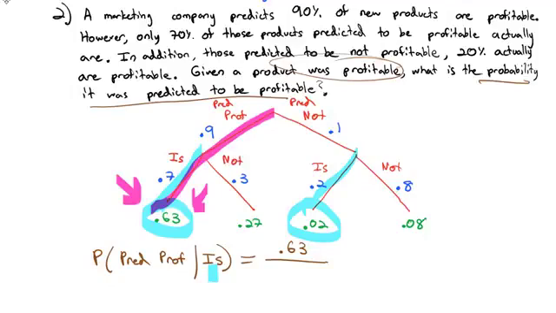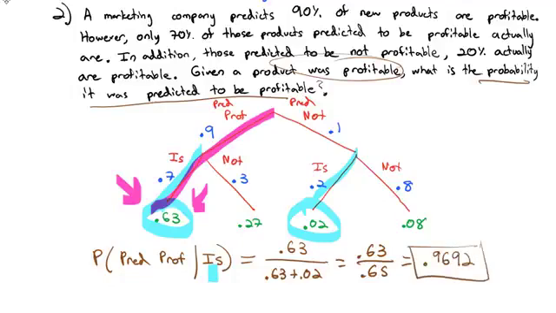So I take the given information and add those pieces together, 0.63 plus 0.02, and that gives me 0.63 out of 0.65, which gives me a probability that it was predicted to be profitable, given it actually was, of 0.9692. And that is how Bayes' theorem helps us reverse the given probabilities in our table.